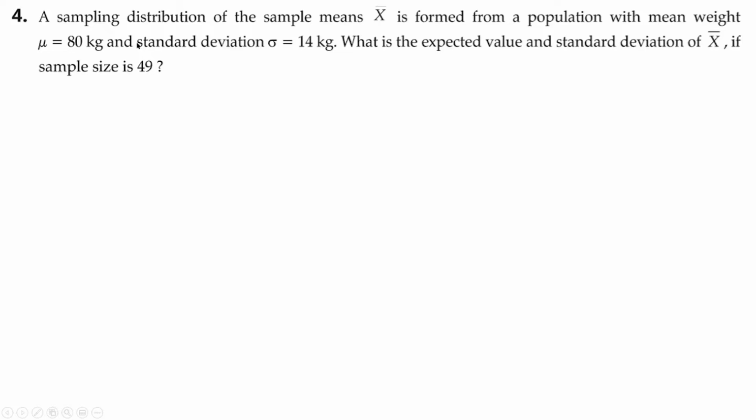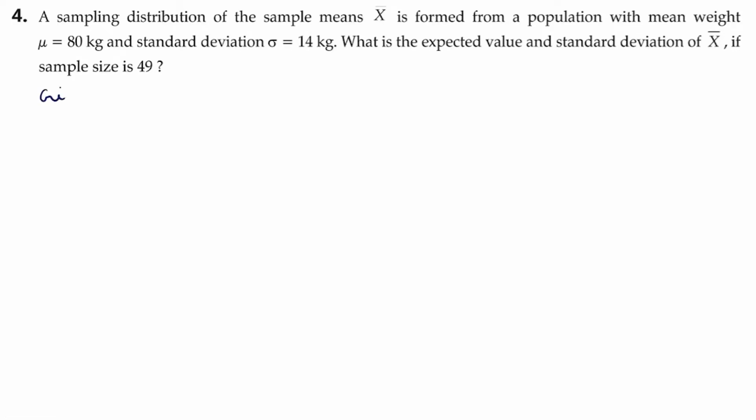We need to find the expected value of x bar and the standard deviation of x bar. A similar question was given in the sample paper for 2 marks. So let us solve this.